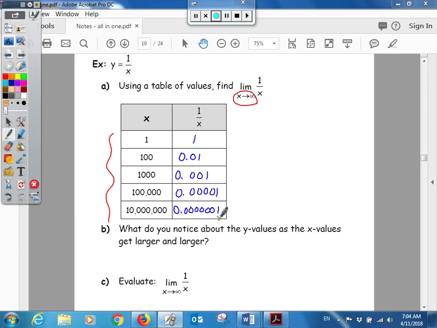So what do you notice about the y values as the x values get larger and larger? Well, they are getting smaller and smaller.